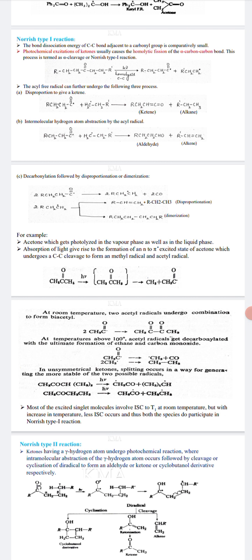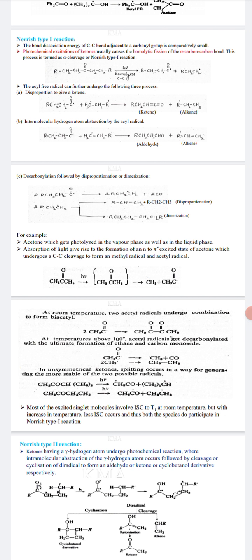In case of Norrish type 1 reaction, you can see here the acyclic saturated carbonyl compound undergoes an initial cleavage of carbon-carbonyl bond to give an alkyl and acyl radical. So this is known as Norrish type 1 reaction.